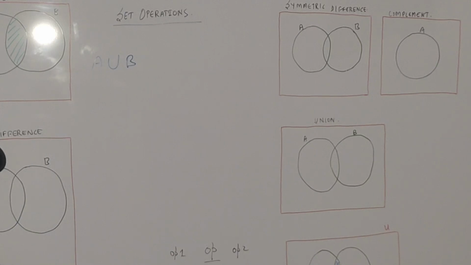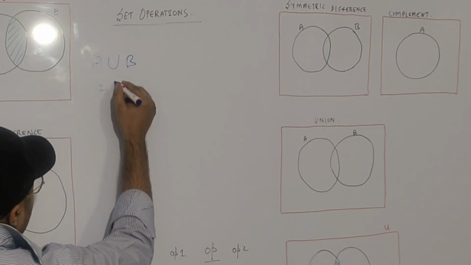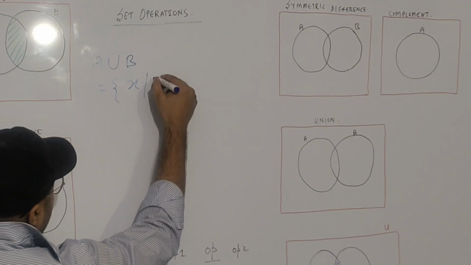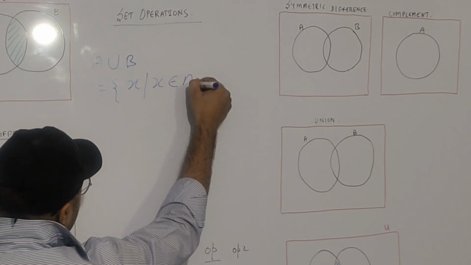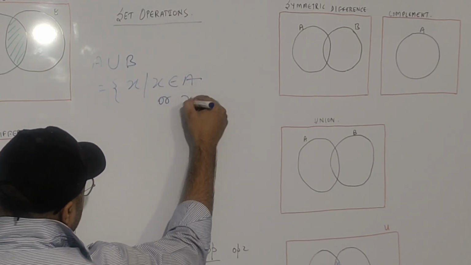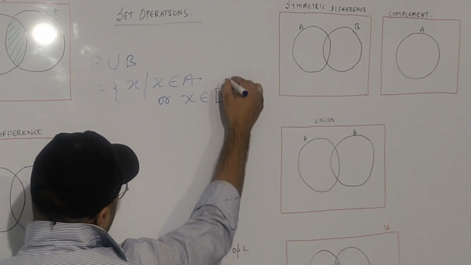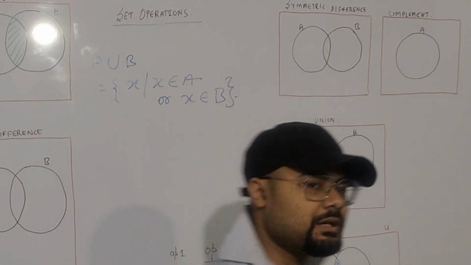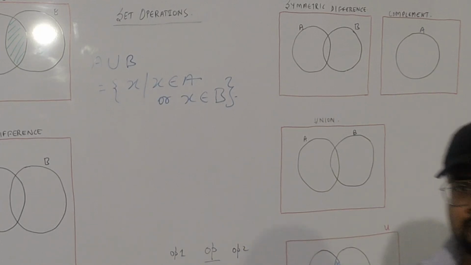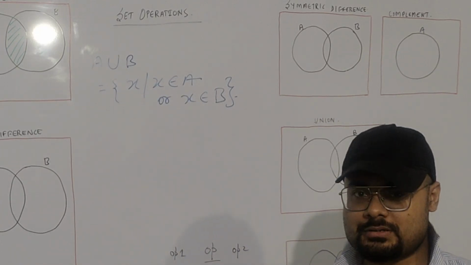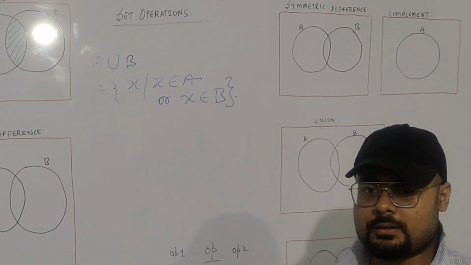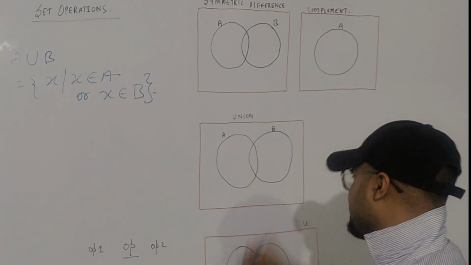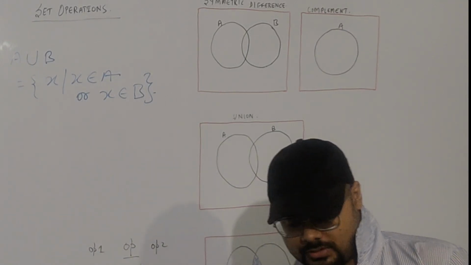A union B is equal to all the elements X such that X belongs to A or X belongs to B. So think of this. If your set A contains n elements and set B contains m elements, and they happen to be disjoint sets, meaning there is no sharing area. Okay, let me draw a disjoint set.